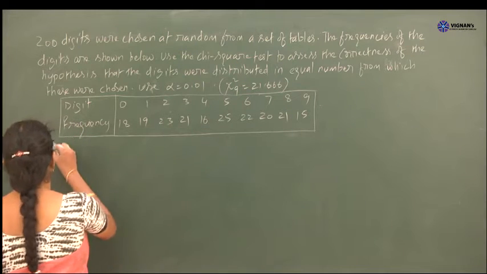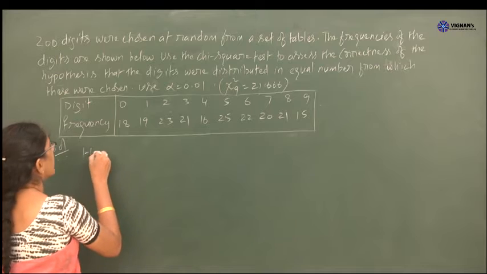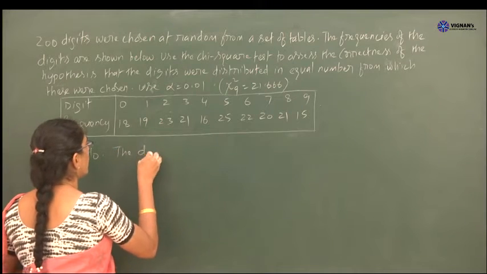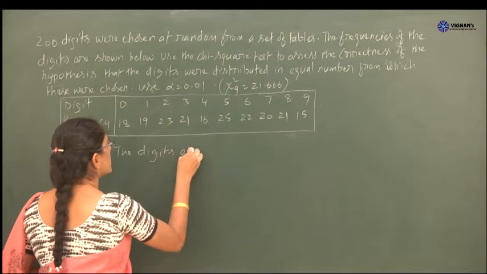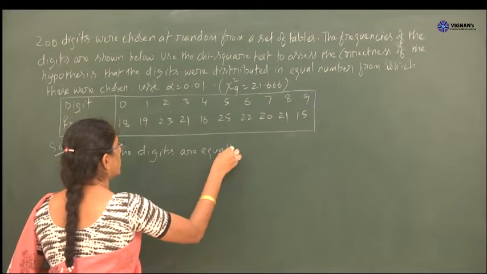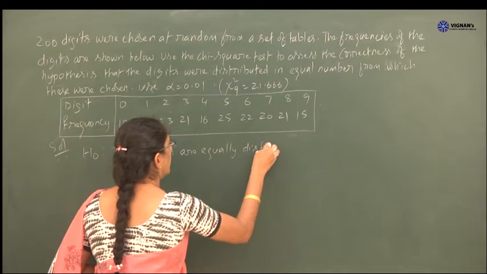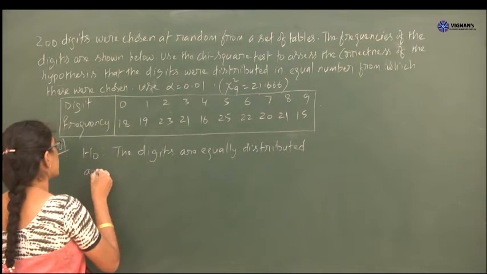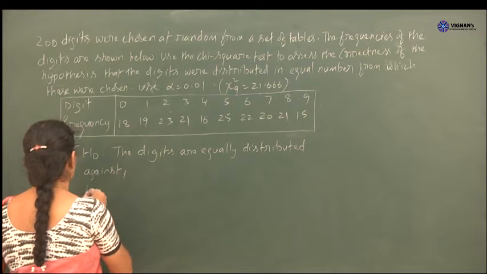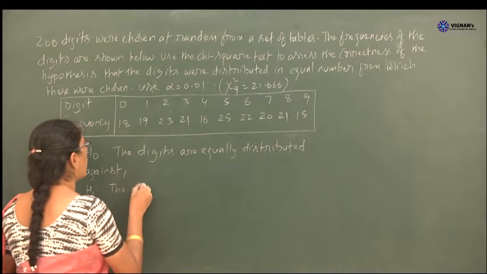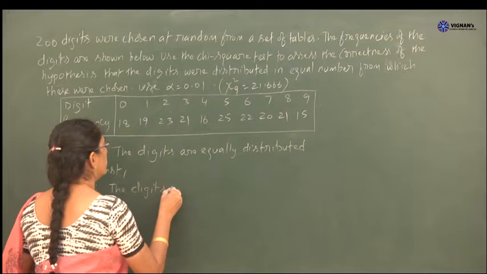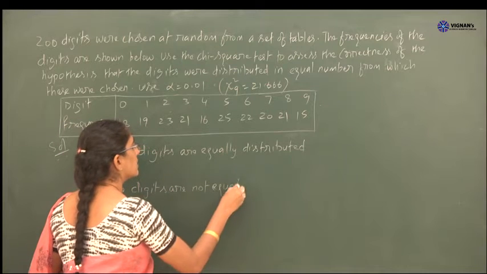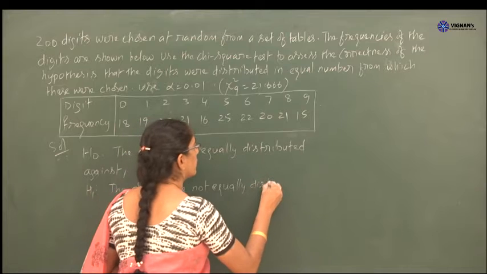So the null hypothesis is that the digits are equally distributed, against the alternative hypothesis that the digits are not equally distributed.